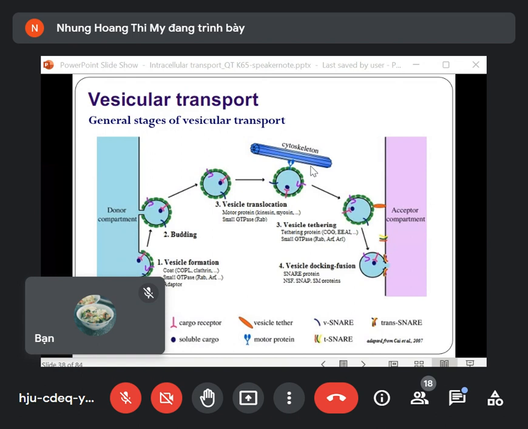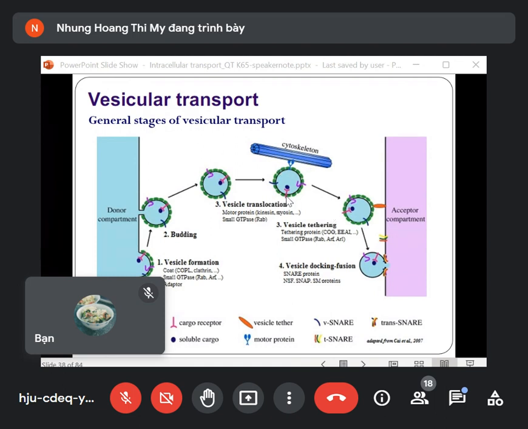In the cytoskeleton lesson, we will understand more about this step, so today I will quiz this step. You just remember that the vesicle will be translocated by the motor protein on the cytoskeleton to the acceptor compartment.